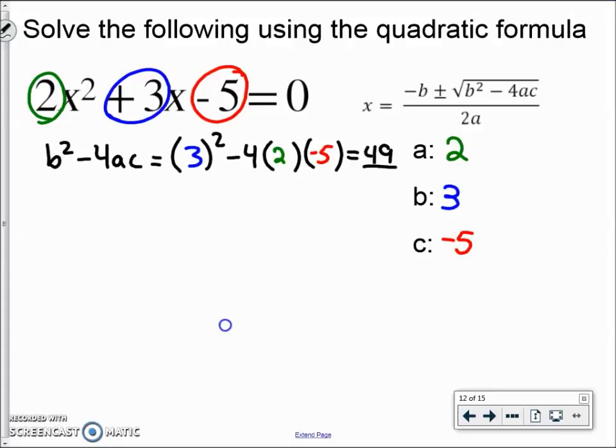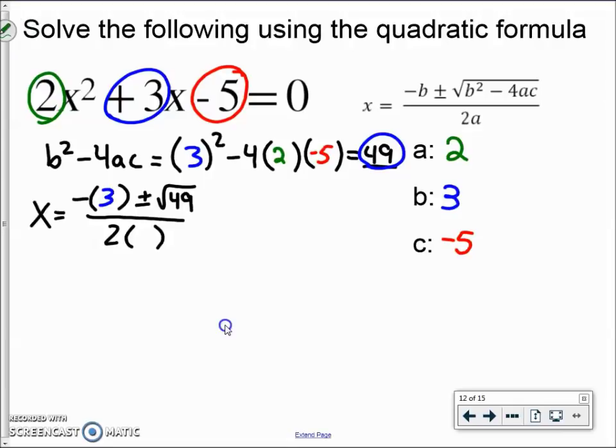I can then substitute that value, which is my discriminant, into my quadratic formula. So x will be equal to -b, and b value being 3 here, plus or minus the square root of 49 over 2 times 2. Again, since my discriminant was 49, that means I'll have 2 real solutions.